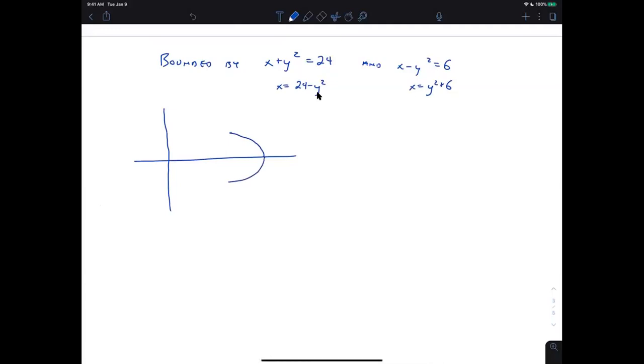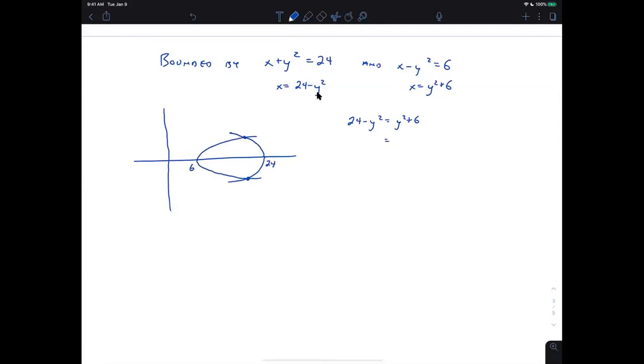And then y squared plus 6 looks about like that. And so, man, this should probably be symmetric, and it's not perfect for sure. That's a decent diagram. This is going to be 24. This is going to be 6. We need to get the intersection points. So I'm going to set 24 minus y squared equal to y squared plus 6.